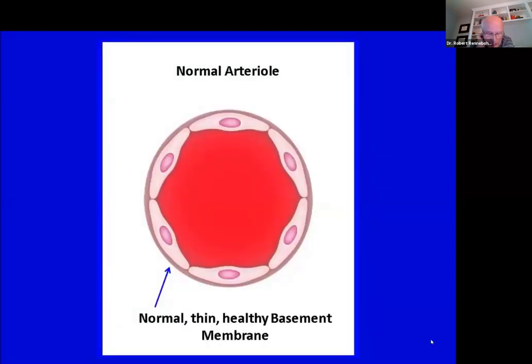The next several slides demonstrate the chronic residual basement membrane abnormalities that can occur in Susac syndrome when the endothelial cells are chronically so sick that they can't maintain the basement membrane. This would be a normal thin basement membrane.